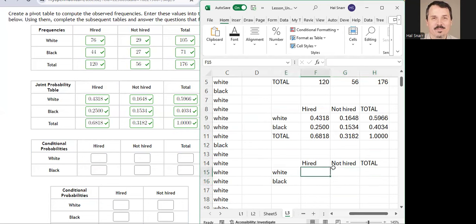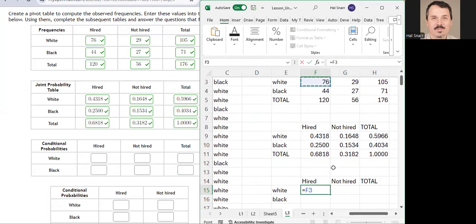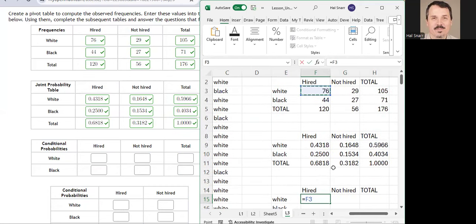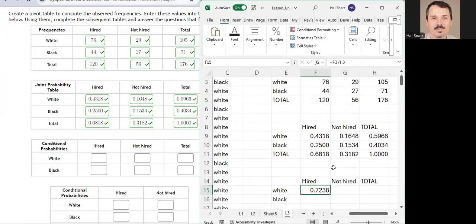So this is the probability of being hired given the person is white. So we're going to take the frequency of white and hired, and we're not going to divide that by the number of applicants. We're going to divide that by the number of white applicants. And we get 0.7238.